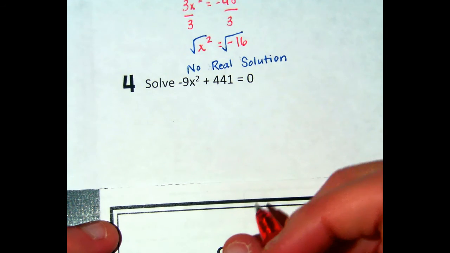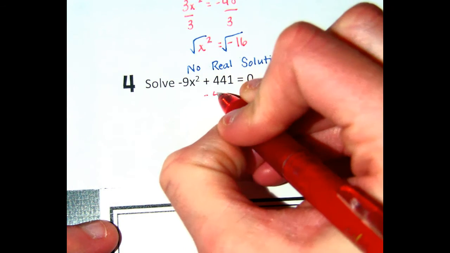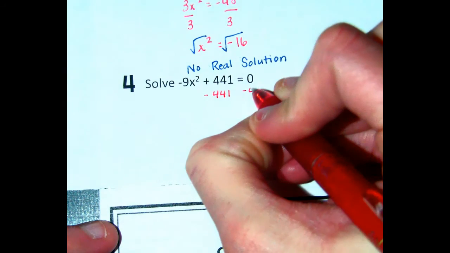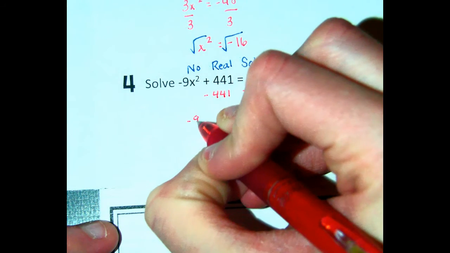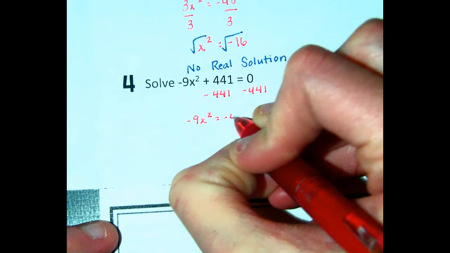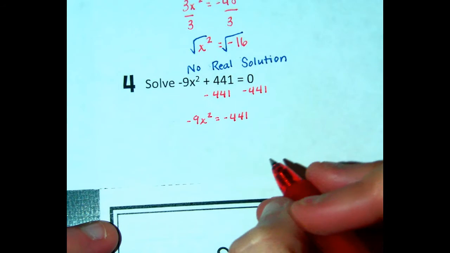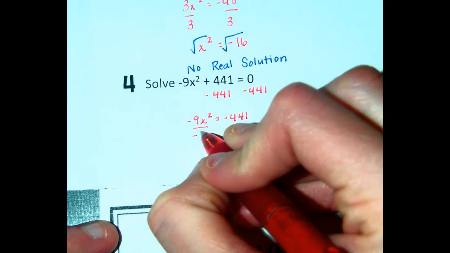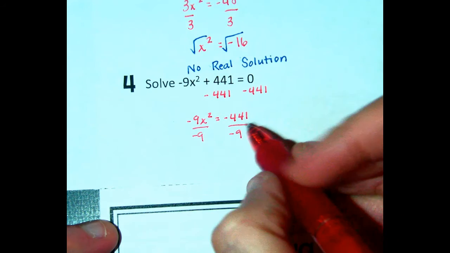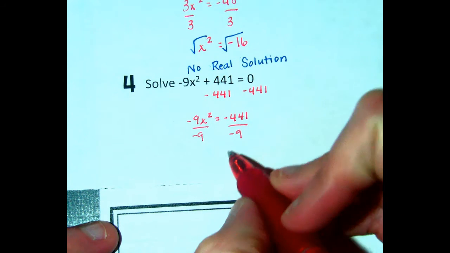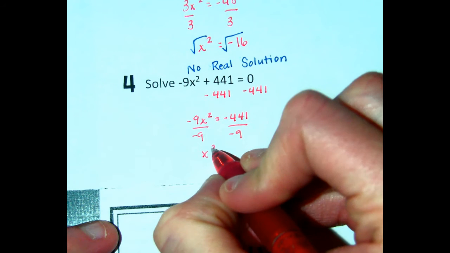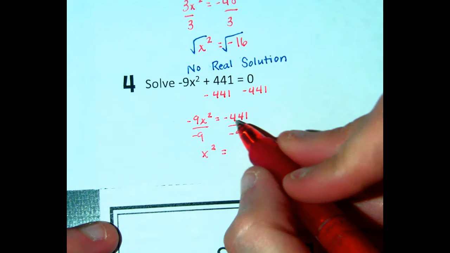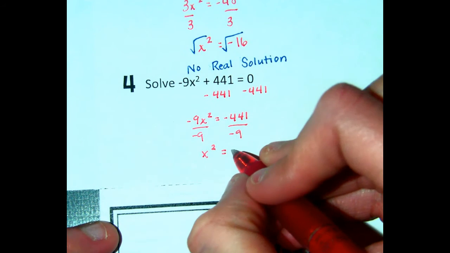What'd you guys do on number 4? So negative 9x squared equals negative 441. Okay, then what? So see, even on this one, you see how it was negative here? Will it be negative when we get to the end? No, because it's going to undo that. What's negative 441 divided by negative 9?